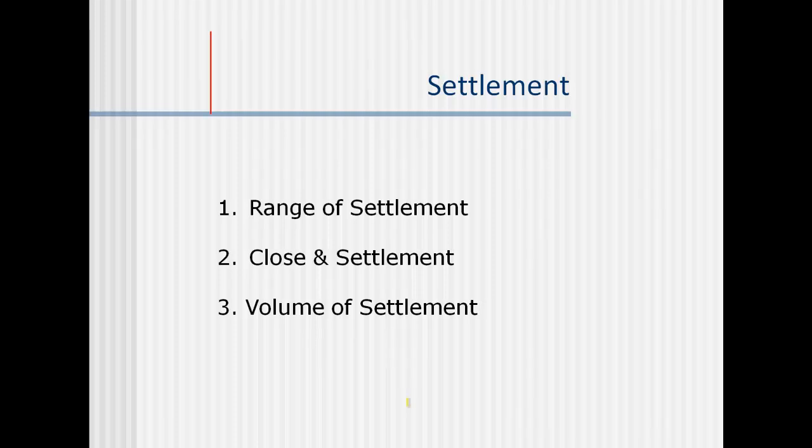Now, what are some of the things about the settlement period that help us to learn about what's happening in settlement and garner this valuable information? Well, one of the first things that you want to look at is the range of the settlement period. The average range for the settlement period on the ES Mini is about 3 points.